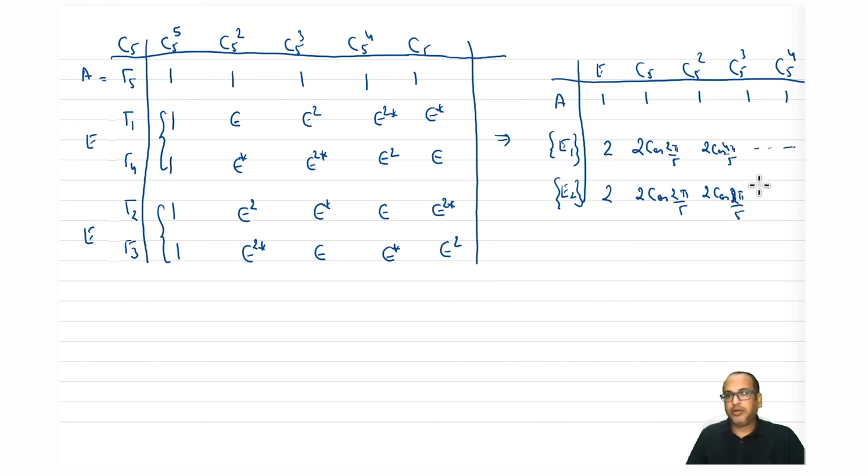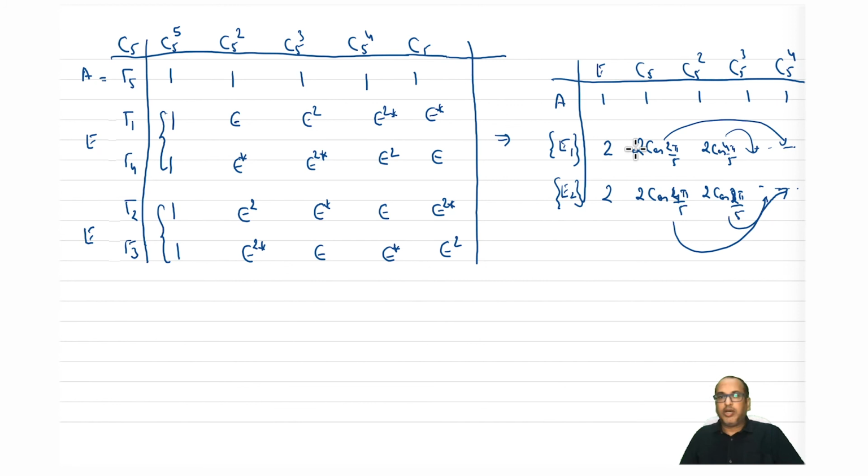And so on, right? So this you can easily write now, because again this will be the epsilon 2 and epsilon 2 star complex conjugate sum. So again that will be the same, and then this will be epsilon, so this will be the same as this. So you can write, this will come here and this will come here. Similarly this will come here, right? And this will be 4 here, this will come here.